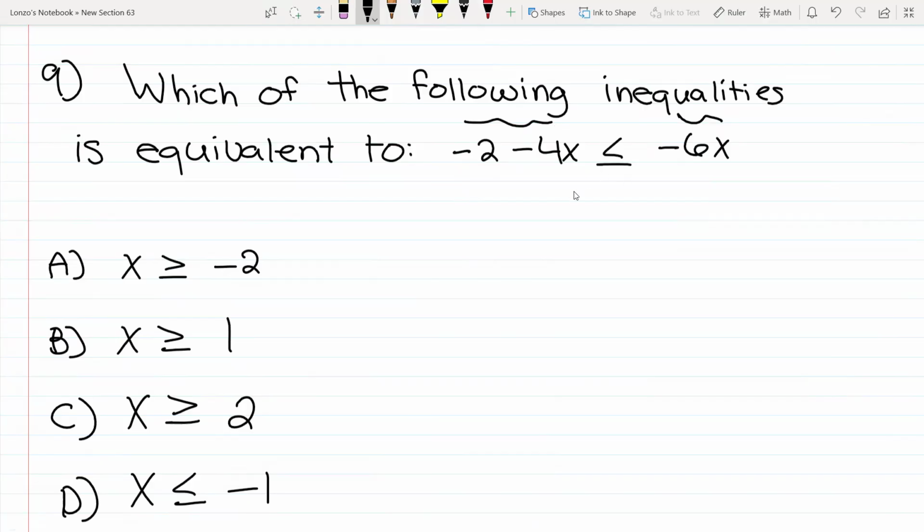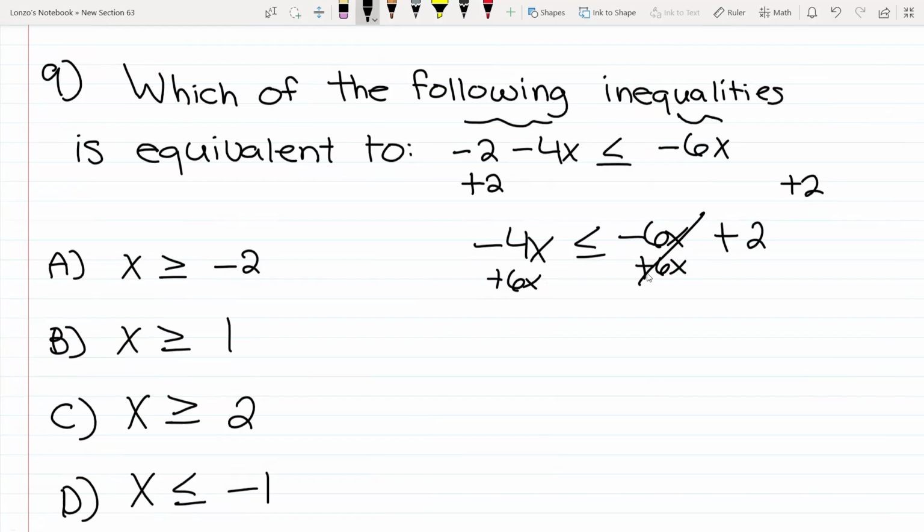So the first thing I would do is move that 2 to the right by adding 2 to both sides. So I get negative 4x is less than or equal to negative 6x plus 2. And then what I'm going to do is get all the x's on one side, so I'm going to add 6x, 6x. So this cancels.